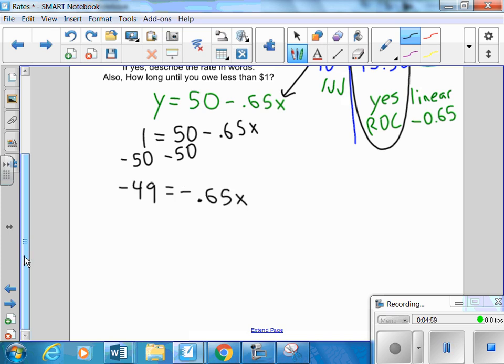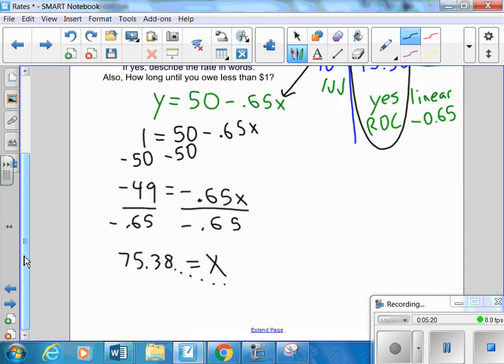And you divide by negative 0.65. Now x will equal, the two negatives will cancel out. So all you need to do is take 49 and divide by 0.65, and you're going to get 75.38, and there's more decimals from there.